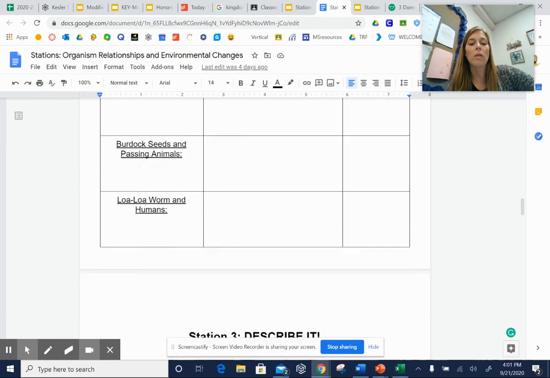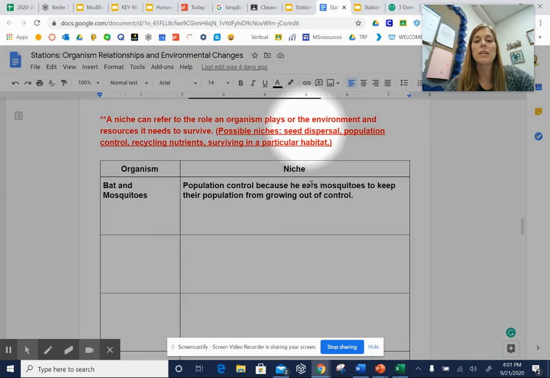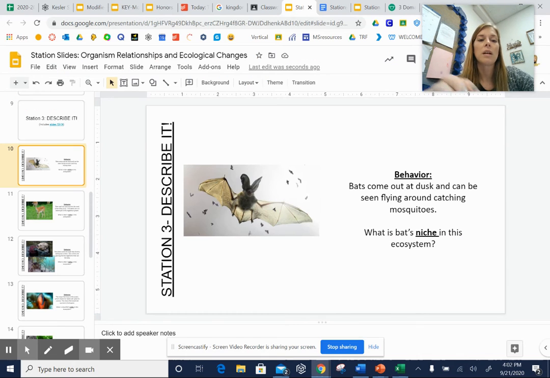So you're supposed to describe it and put one of these: seed dispersal, population control, recycling nutrients, or surviving in a particular habitat. So, for example, I chose the bat, and I said the bat is population control because he's eating the mosquitoes. Okay.